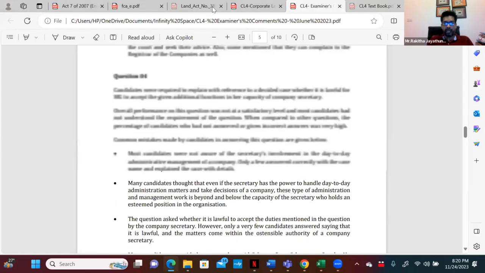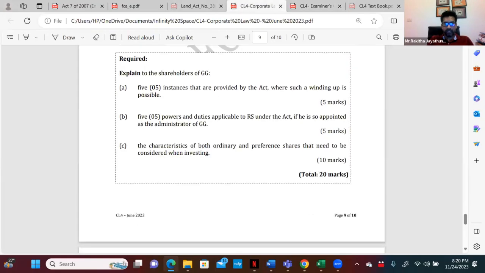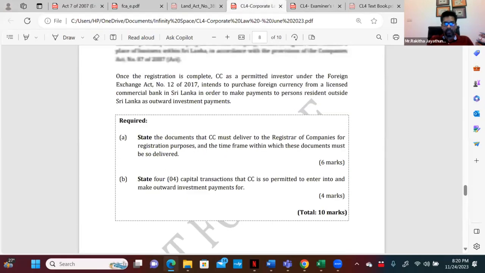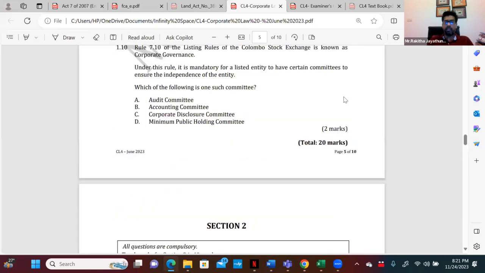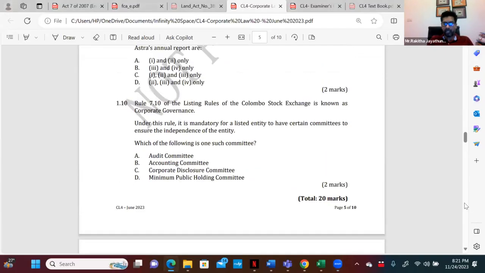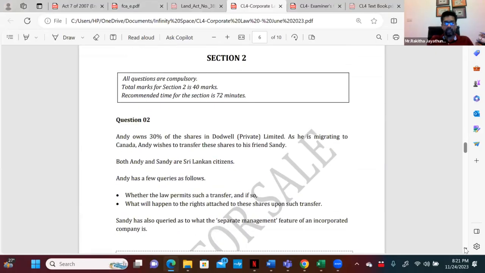Now we will look at section 2. There are 4 questions, but not stressful like this. Basically, straightforward answers we have to give. So now we will finish that part. Again, 40 marks, 72 minutes allocated.